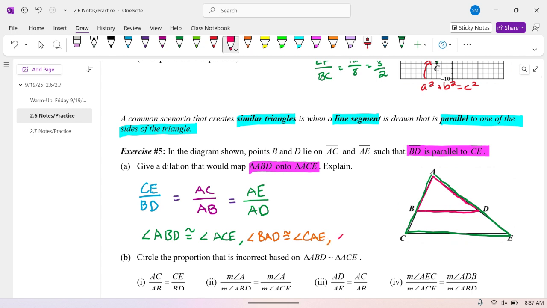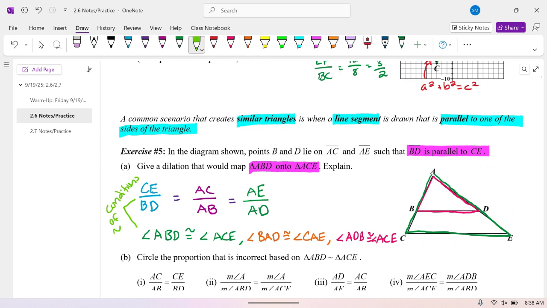And angle ADB has to be congruent to angle AEC. So these are the conditions for similarity. The sides have to be proportional to each other, meaning if you set up the proportions, they should be equal, and the angles got to be congruent. All right, those are the conditions of similarity.